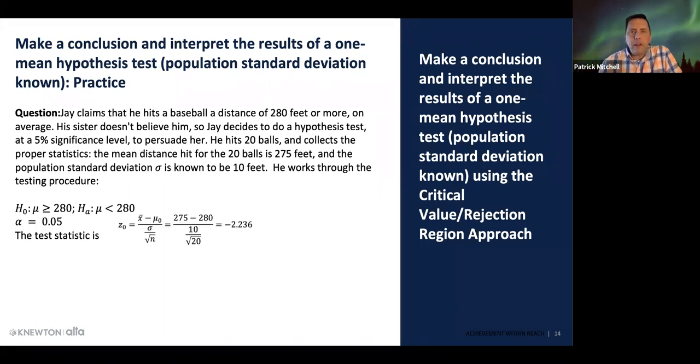And now we will calculate our test statistic. For a claim about a population mean where sigma is known, this is the test statistic. Again, it's called Z sub 0. The sample mean is X bar. The hypothesized population mean is called mu sub 0, so that's the number that will appear in both hypotheses. The sigma is given to be 10, and the size of the sample is 20.